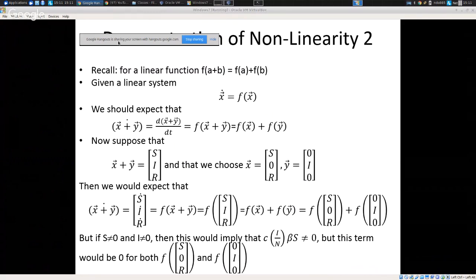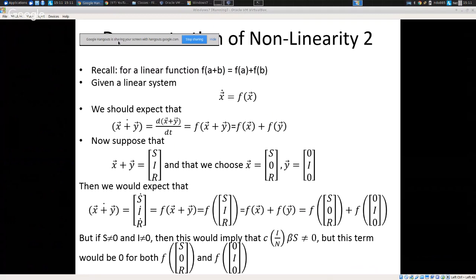So if we have this input a plus b, we can write the response of the system, f of a plus b, as just f of a plus f of b. That's a notion of linearity here. Okay.